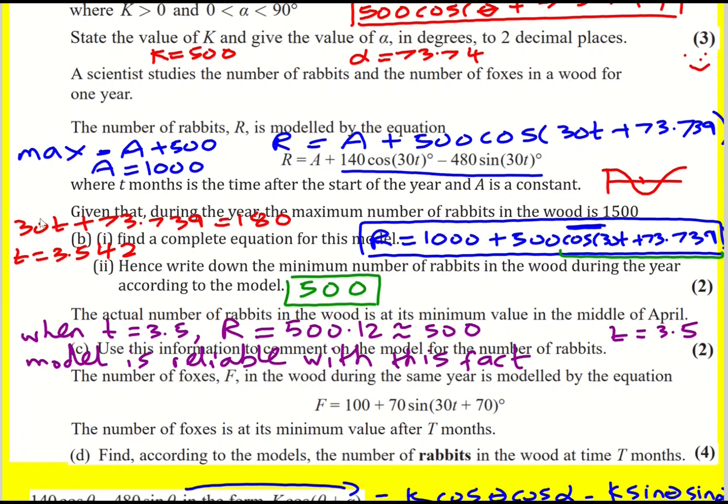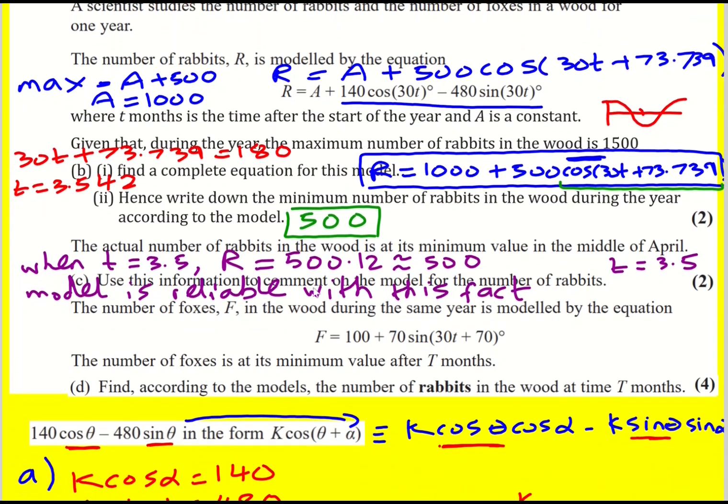Now we're on to the final part. The number of foxes in the wood during the same year is modeled by this equation. And the number of foxes is at its minimum value after t months. So actually this question is forcing us to do the method I just said. Find, according to the models, the number of rabbits in the wood at time t months. This time I've got a sine going on.